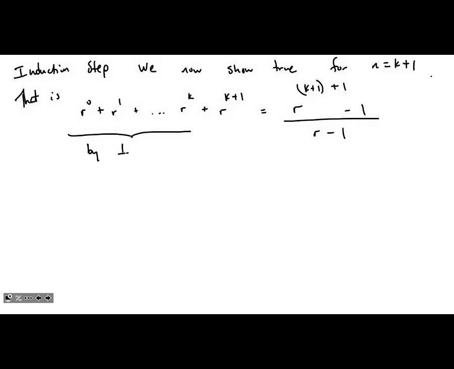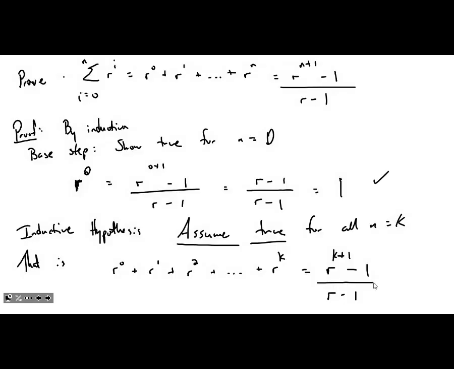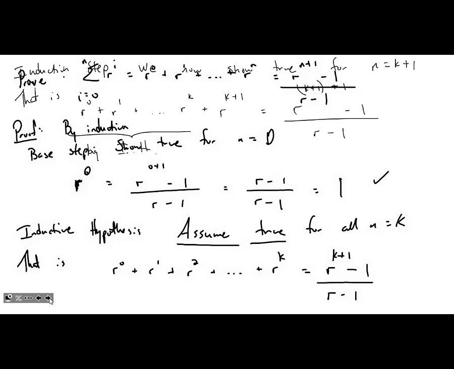So by the inductive hypothesis, I get to assume that r to the 0 plus r to the 1 all the way out to r to the k sums up to r to the k plus 1 minus 1 over r minus 1. So I can substitute that in for this long series of things that I'm adding right here.